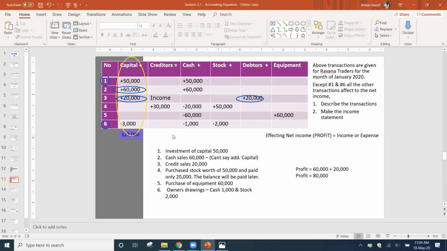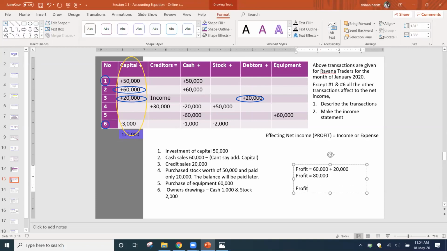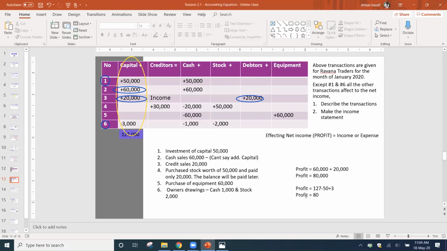So if you are using the closing capital balance, closing is 127, opening is 50, 127 minus 50 plus 3. Then you will get the same answer. Right.